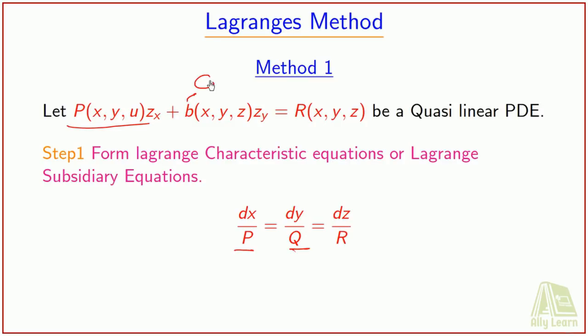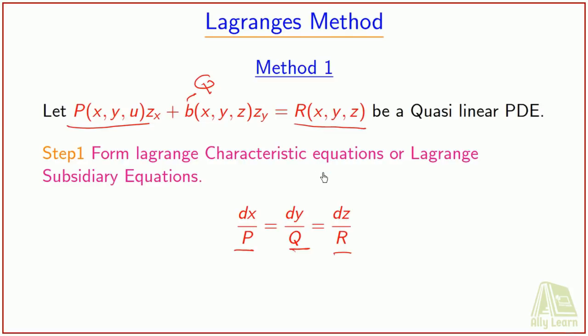Again, this is not B, this is Q. So this coefficient of Zy is Q, which is put over here, and this R is the function of x, y and z, which is on the right hand side of the equation. Always remember that this R is on the right hand side of the equation.